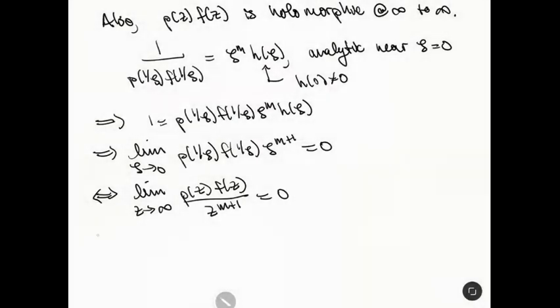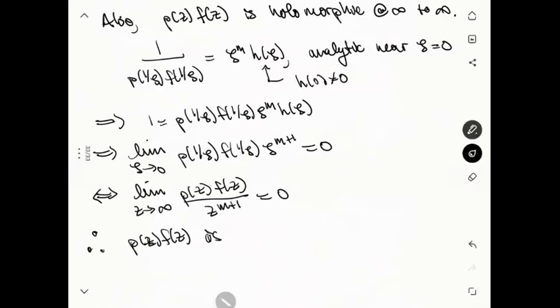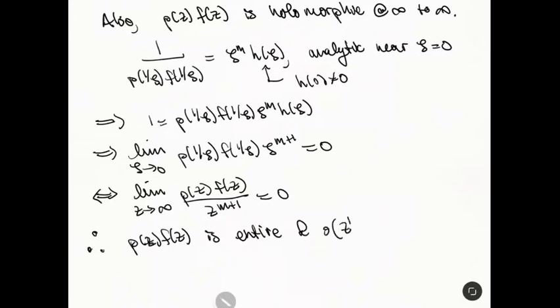Okay, so therefore this thing here, P of z f of z, is an entire function, and little o of z to the n plus 1 as z goes to infinity.